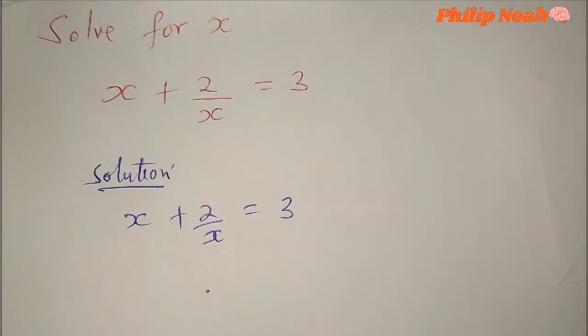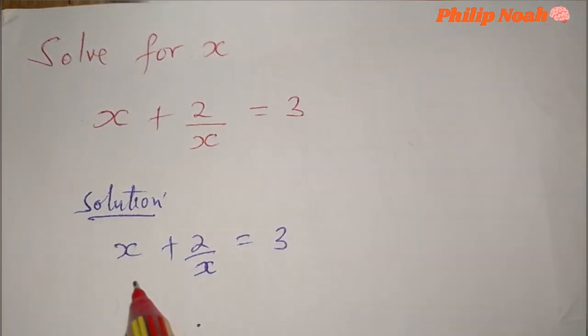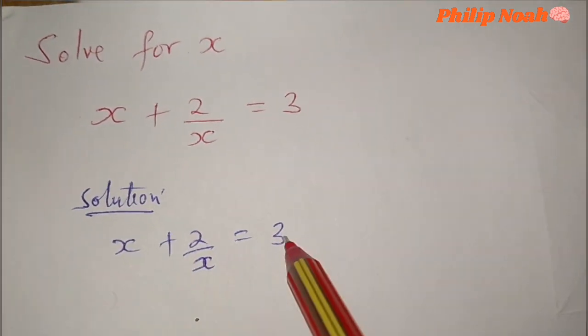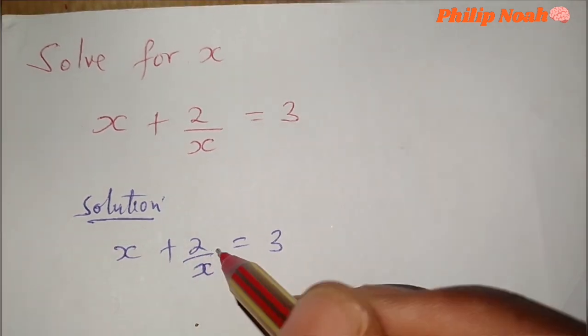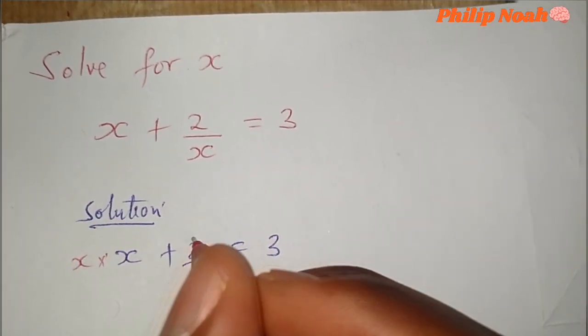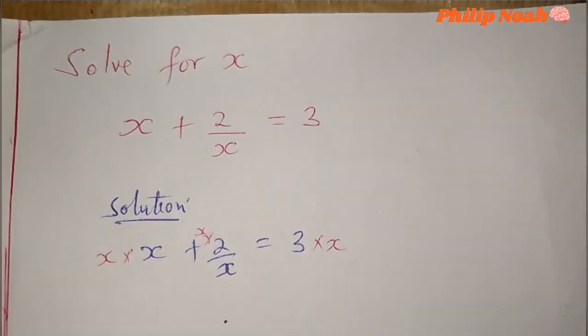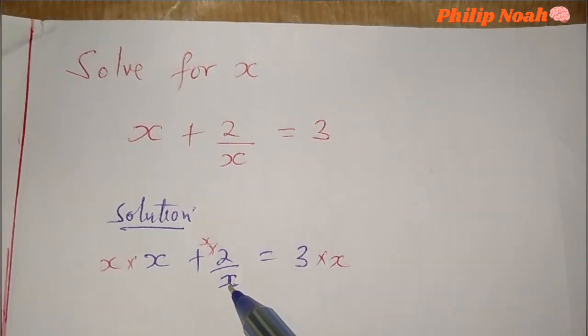So the first step, we shall multiply each term in this equation, I mean this term and this term, by x, so that to get rid of this x down here.